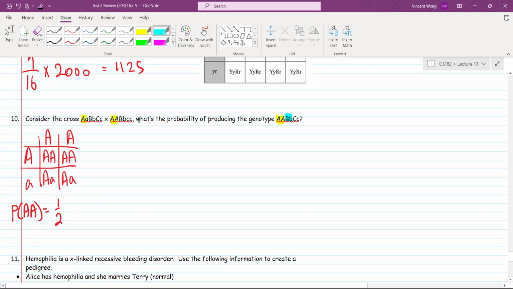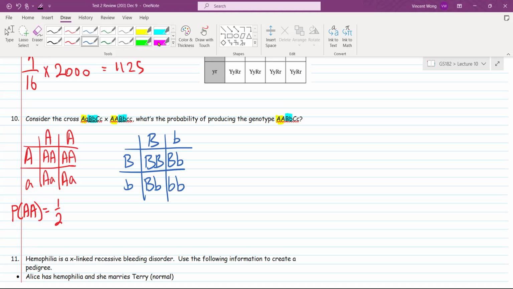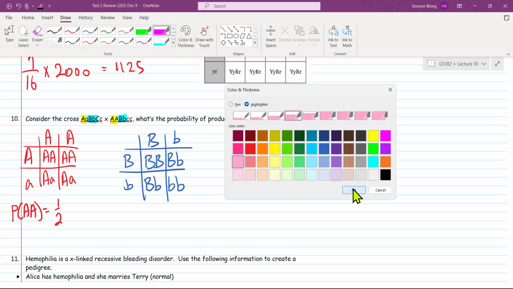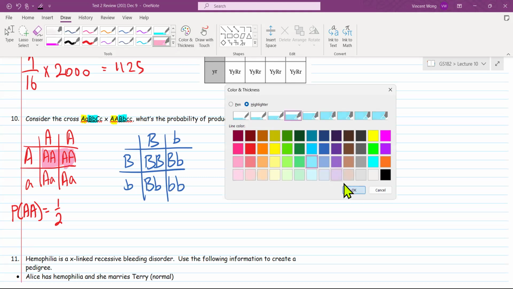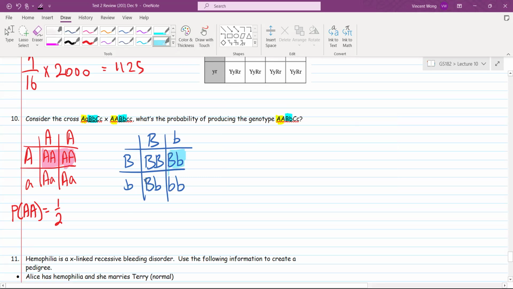Next, we want a big B, small b. So we're just going to be doing the b's alone. A big B, small b. Here, I highlight them for you as well. We're looking for big B, small b. So that is also 50%.